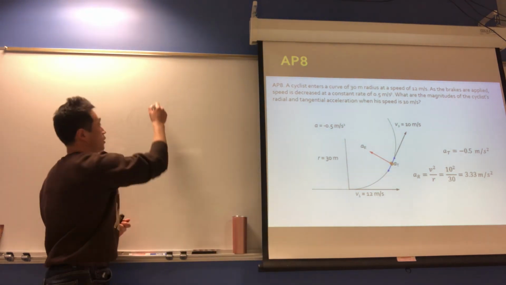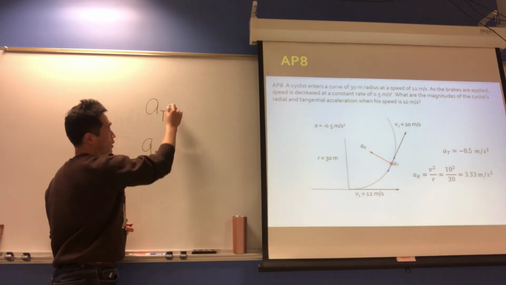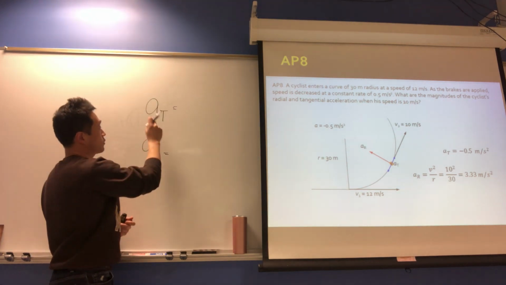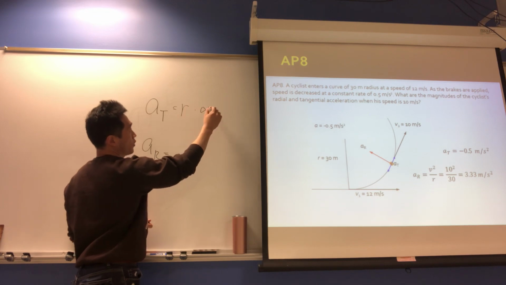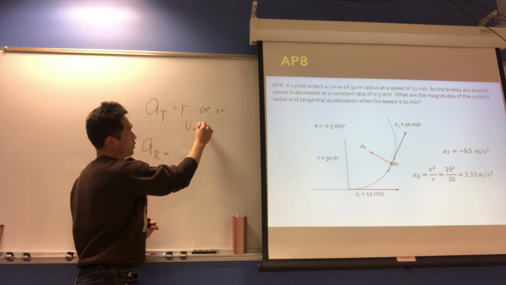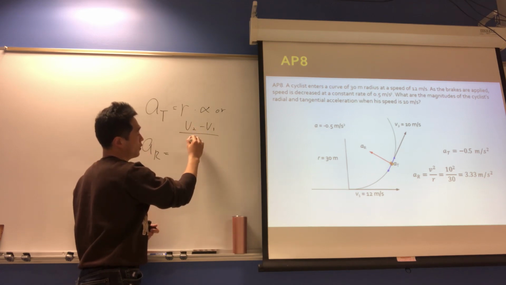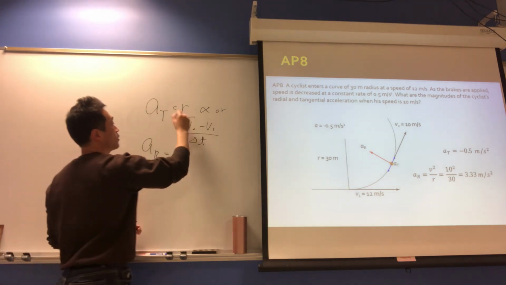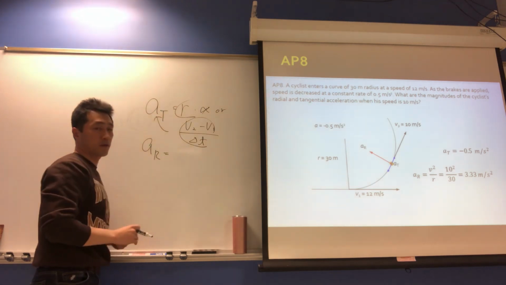So, tangential acceleration and radial acceleration: there are two equations for each. For tangential acceleration, first is the radius times angular acceleration, or v2 minus v1 over time elapsed. You can use either one to calculate the tangential acceleration.